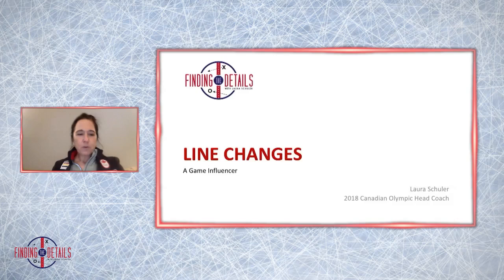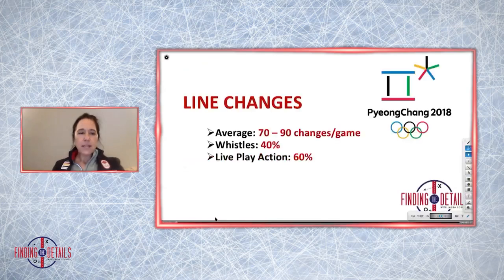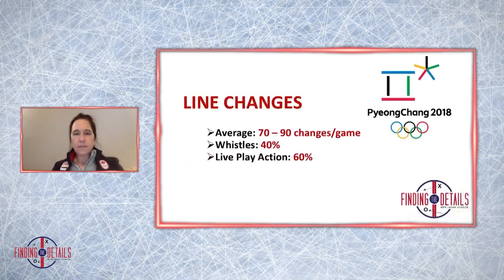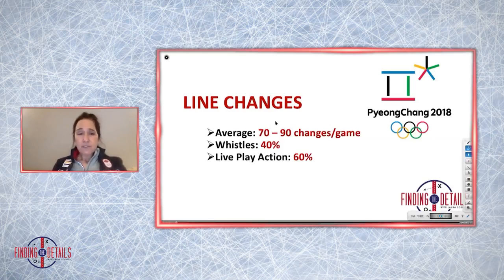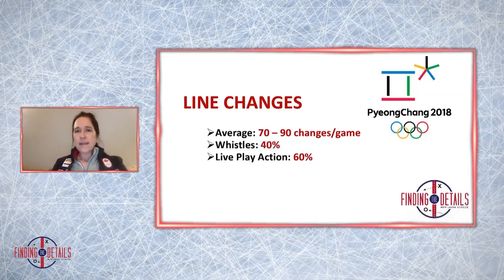So when I looked at our line changes from the most recent Olympics, we averaged anywhere from 70 to 90 changes per game. That's a ton. And 40% of those changes were a result of the play being blown dead by the referee, so whistles.